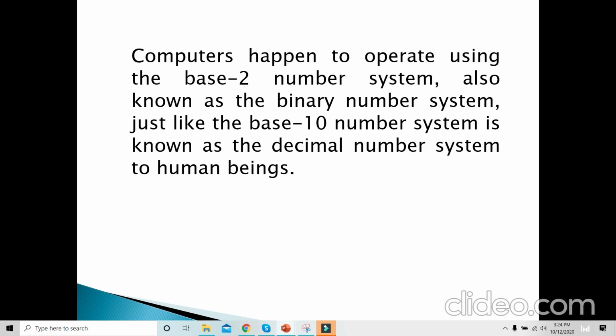The common decimal number system is from 0 to 9, which we human beings can relate to and understand. We use it every day of our lives, whereas computers can only understand two numbers, base 2, which is 0 and 1, and that is the binary system.